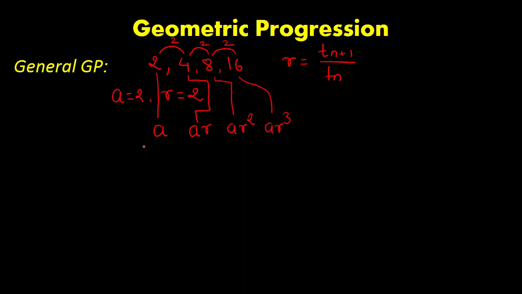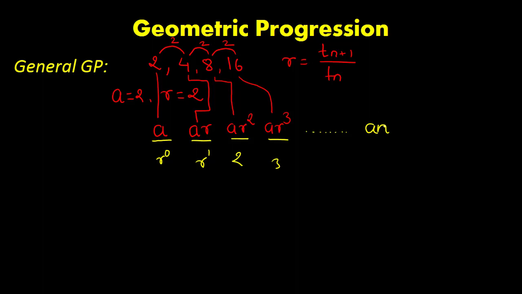Now if you observe carefully, in the first term, what is the power of R? R power is 0. In the second term, the power of R is 1. In the third term, it is 2. In the fourth term, it is 3. So if you expand this, what will be the power of R in the nth term?